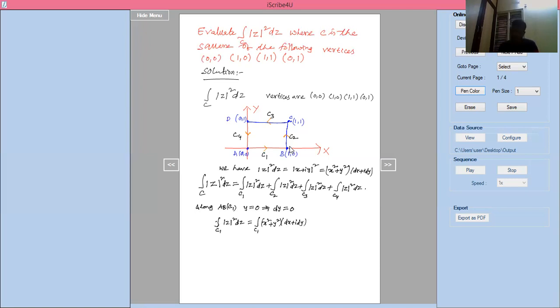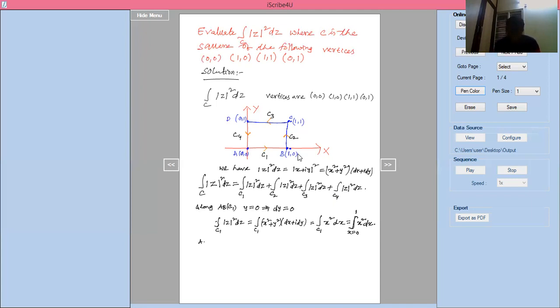Now here dy is 0, y is 0, so you will get x square into dx. C1 is the curve where x moves from 0 to 1, so x equal to 0 to 1 of x square dx.